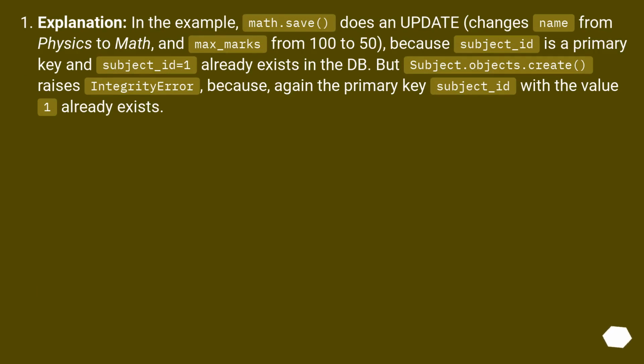In the example, math.save does an update, changes name from physics to math, and max_marks from 100 to 50, because subject_id is a primary key and subject_id equals 1 already exists in the DB. But Subject.objects.create raises integrity error, because, again, the primary key subject_id with the value 1 already exists.